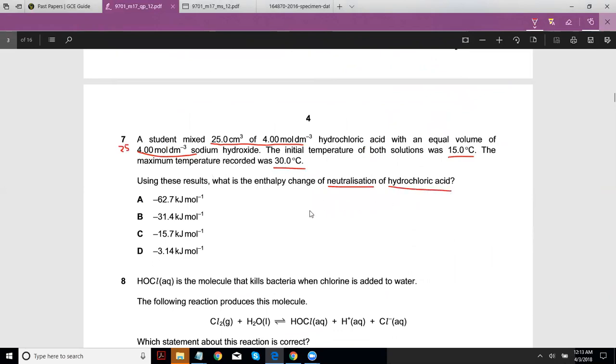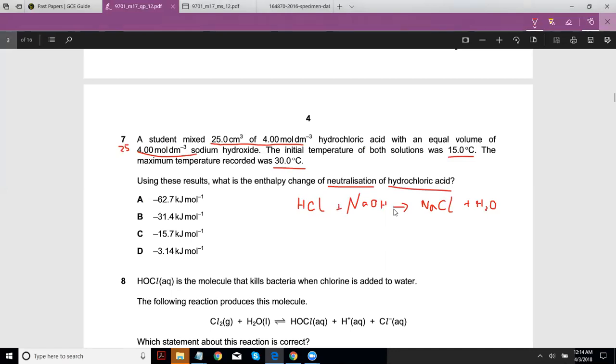So if I remember correctly, if you make the equation, that would be HCl plus NaOH gives NaCl plus H2O. Enthalpy change of neutralization is what they are asking. How did we find it?